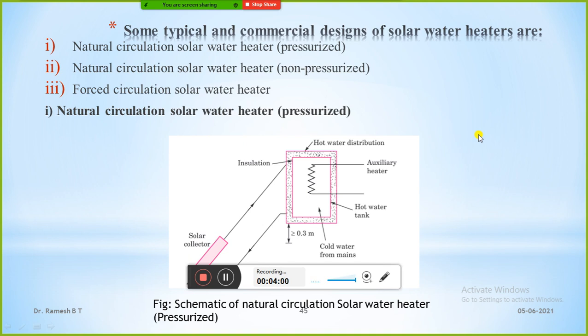And the third one is a forced circulation solar water heater. So these are the three types we are using for water heating purposes.